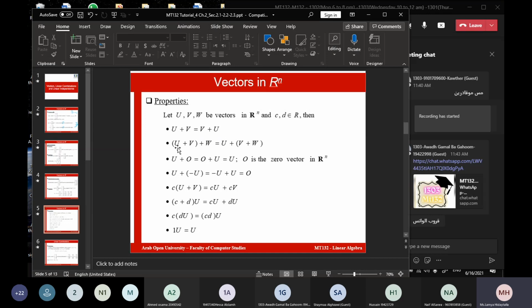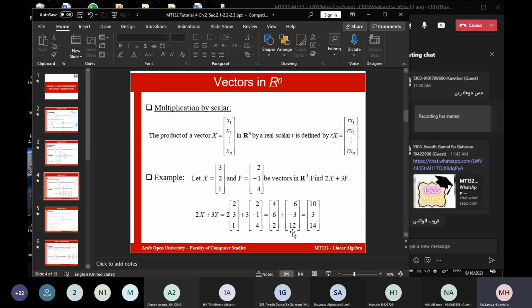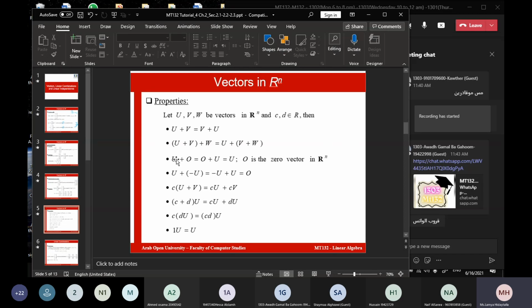Also for vectors, you can start by adding any two, either this plus this and then the result to this, or you can add these two and then u plus this, etc. Then u plus the vector 0. Vector 0 means all the components are 0, 0, 0. So this is the vector 0, correct? So u plus 0 is clearly equal to 0 plus u because of this property. And u plus minus u is again 0.